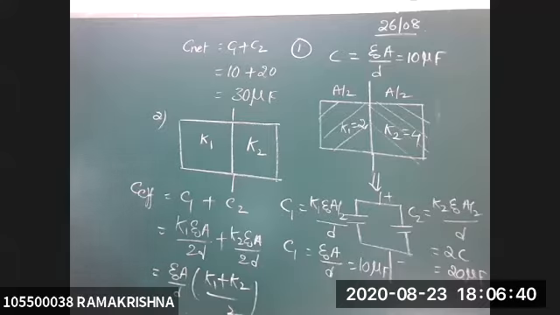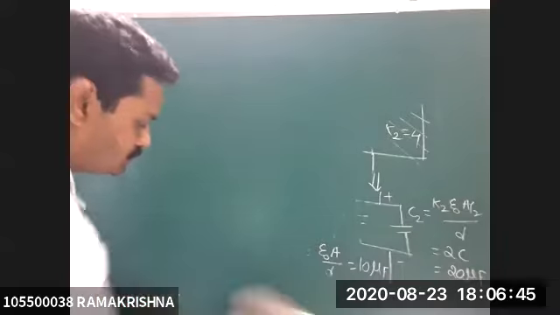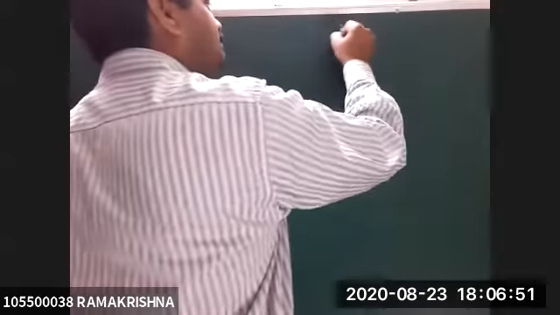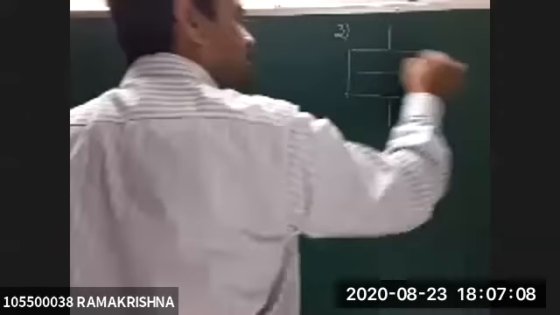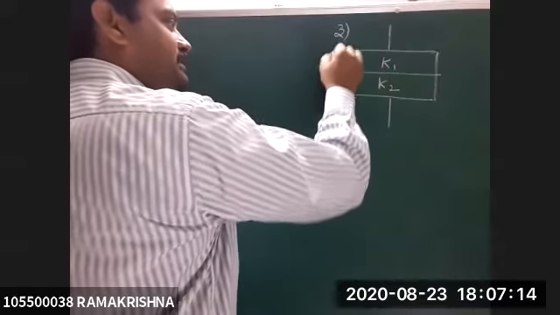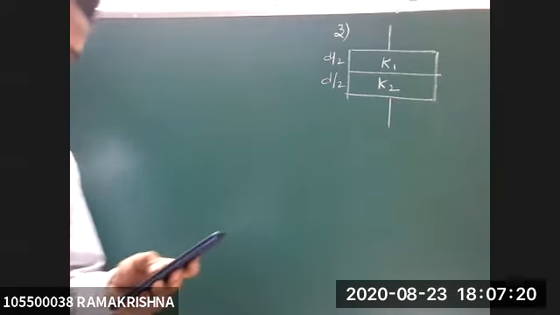Next, problem number 3. In this problem, it is a parallel plate capacitor, and the space between the plates is filled completely with two dielectrics of dielectric constants K1 and K2, with thickness d by 2 each, and the area of cross section is the same as that of the plates of the capacitor, right?